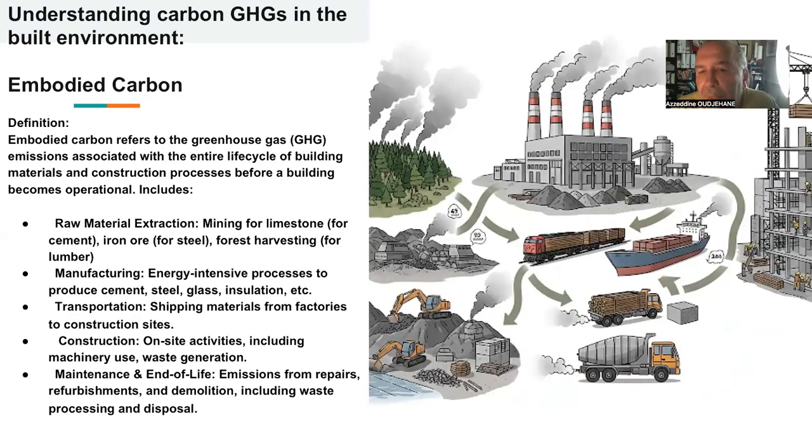Two important definitions for the built environment when we talk about carbon. We always mention GHGs, carbon CO2 equivalent. For the built environment, those 2 characteristics are identified as, first, the embodied carbon, which is the carbon resulting from all the processes from extraction or harvesting to the construction and the handover. The embodied carbon is locked into the building and it contributes to the carbon footprint.